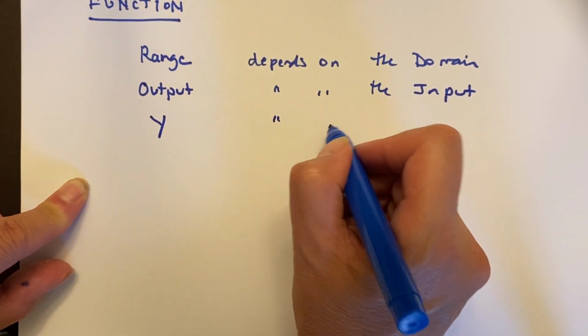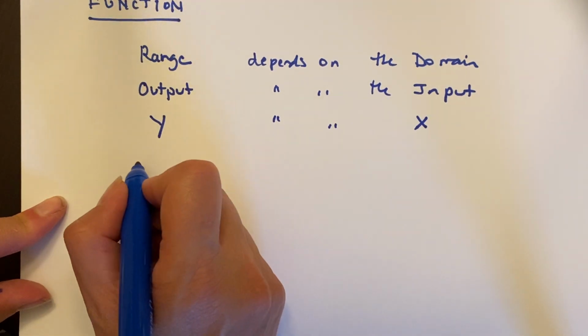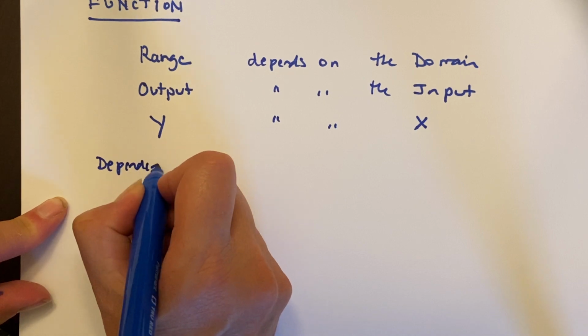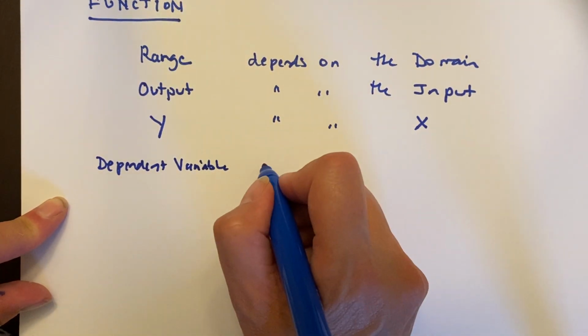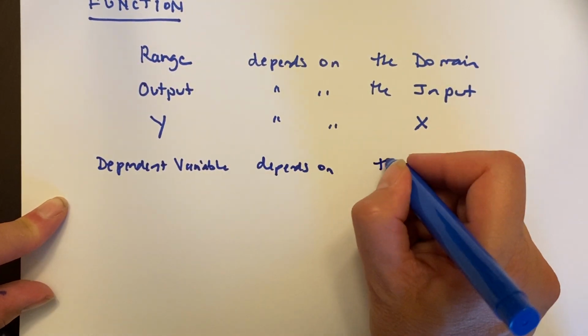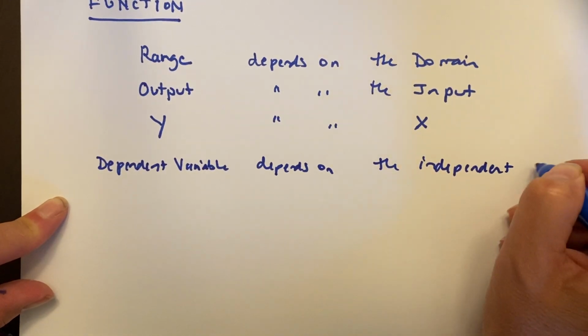Y depends on X. And we're going to learn a new word. Y is the dependent variable. Why? Because it depends on the independent variable.